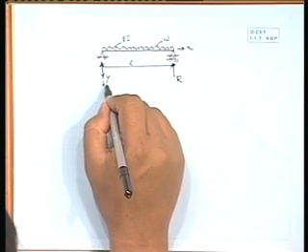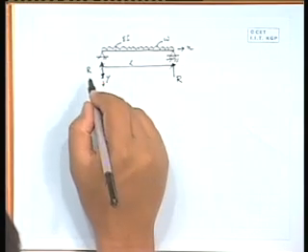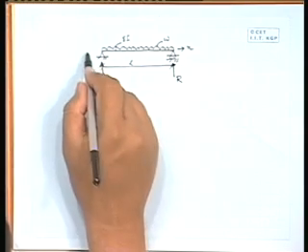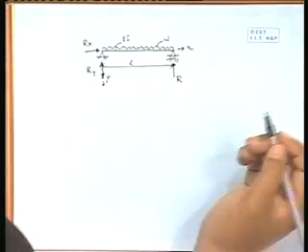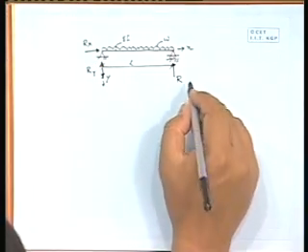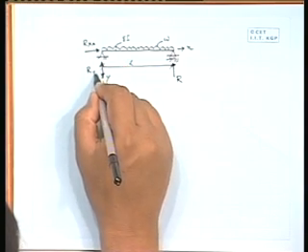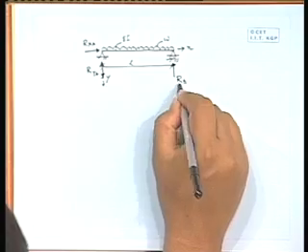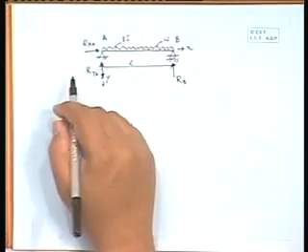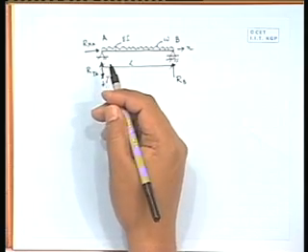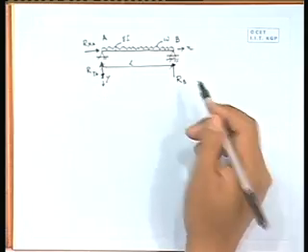So, this part you can say R y, and this is R x at say A, this is B, say left end if we say A, right end if we say B, it is R x at A, R y at A, this is R b.